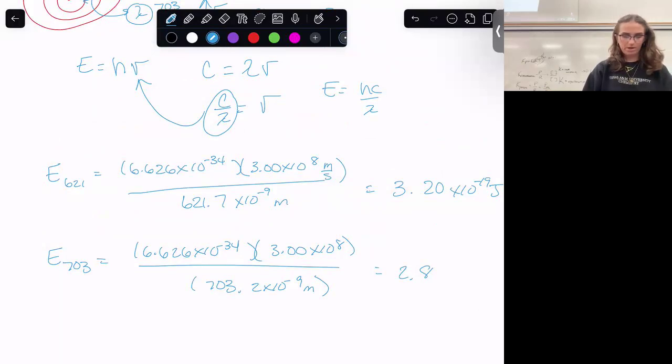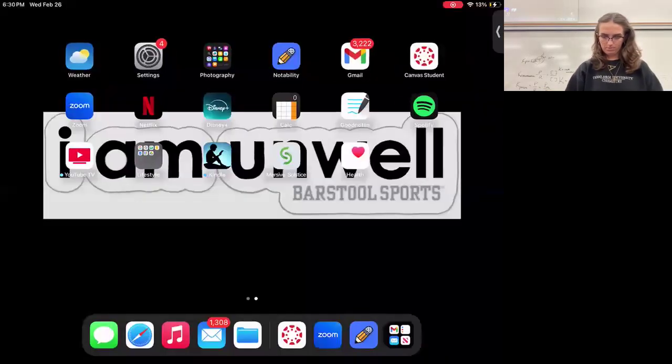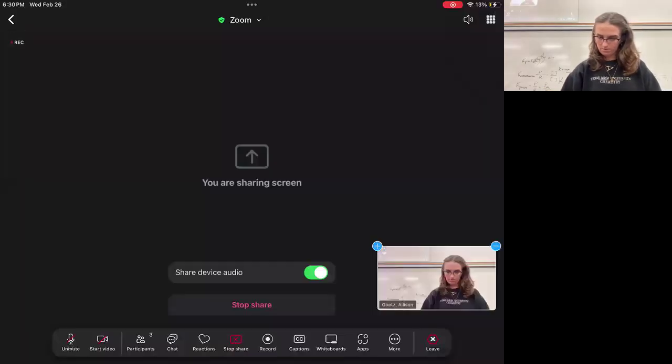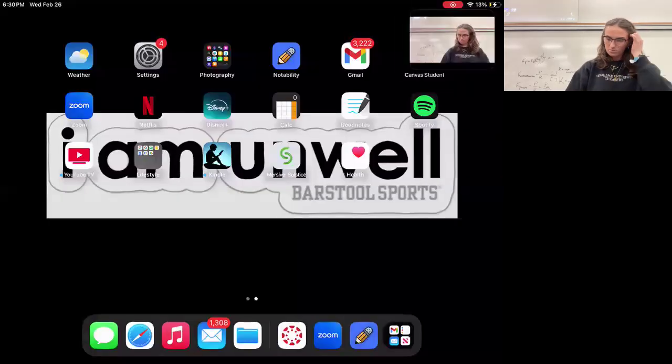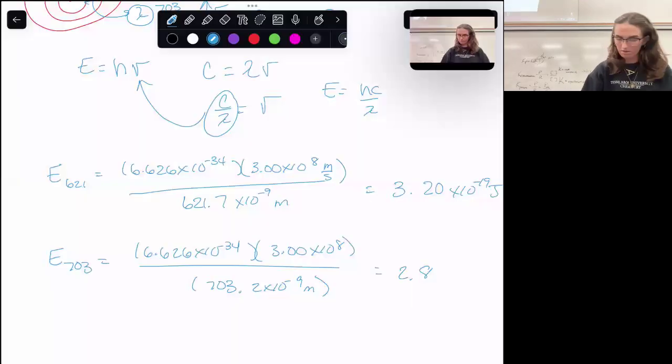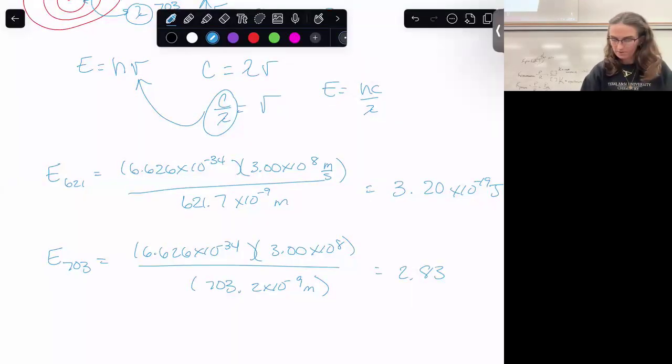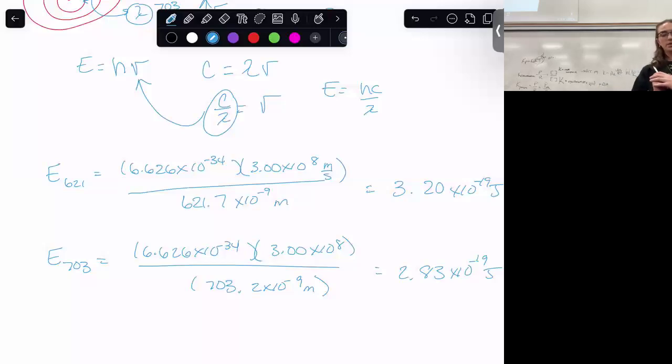We should get 2.83 times 10 to the negative 19 joules for this one. So that is less than the energy from the 621 nanometers. Okay, so that's how you would solve that first part of the homework question.